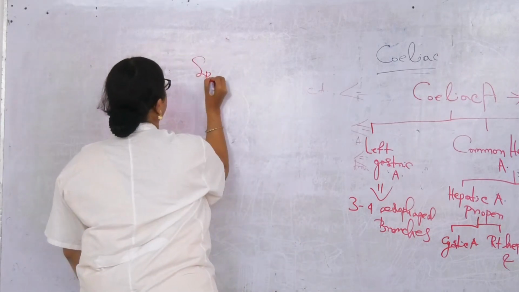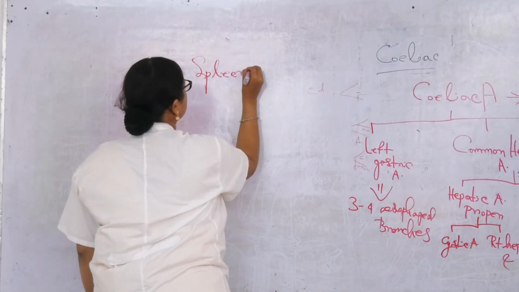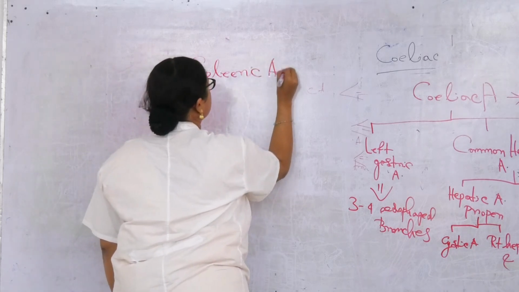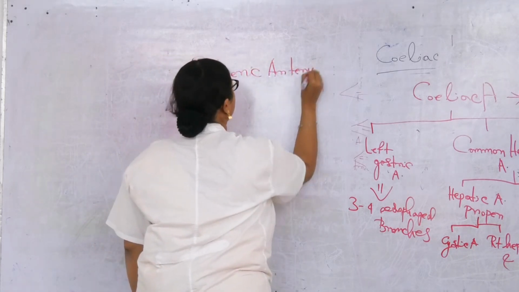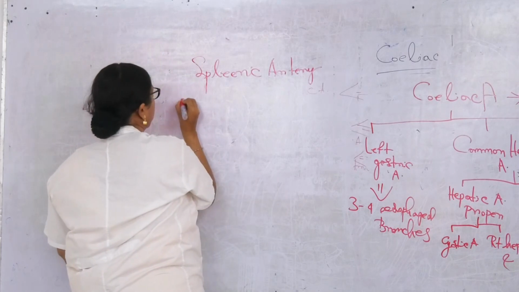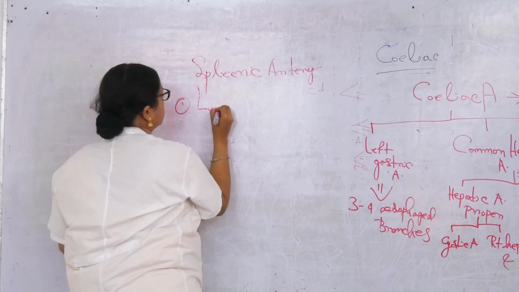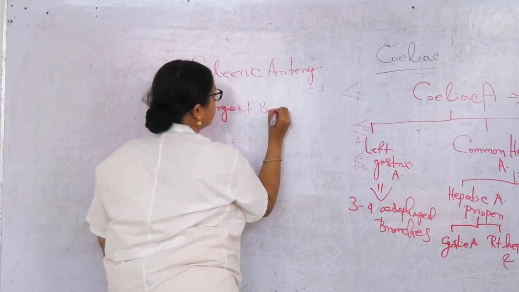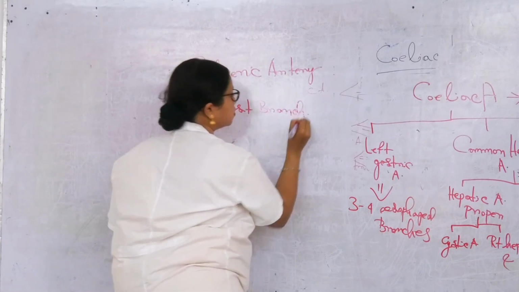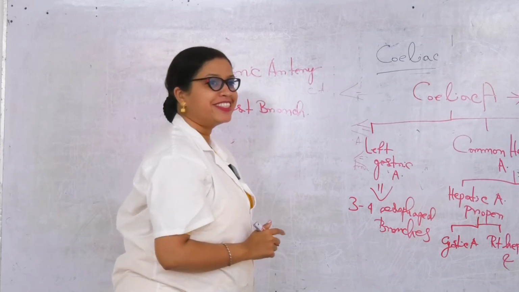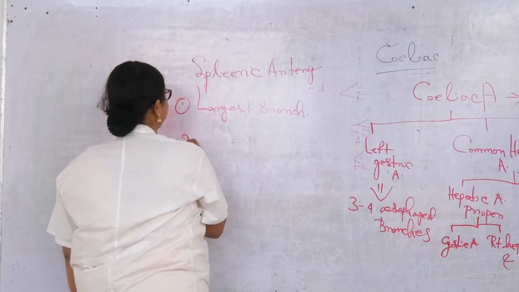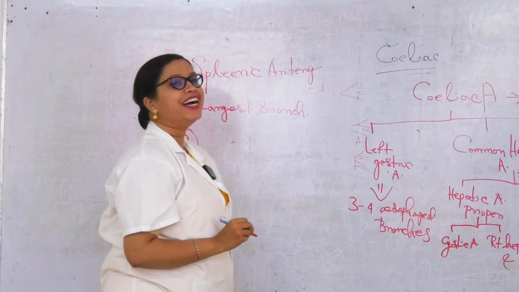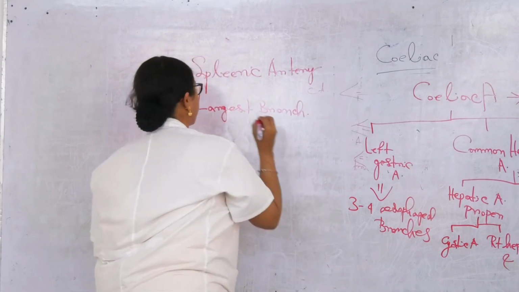So write it down, splenic artery, number one is the largest branch. কে বললো smallest? Smallest না, largest. আচ্ছা ঠিক আছে. Second one is the tortuous artery.